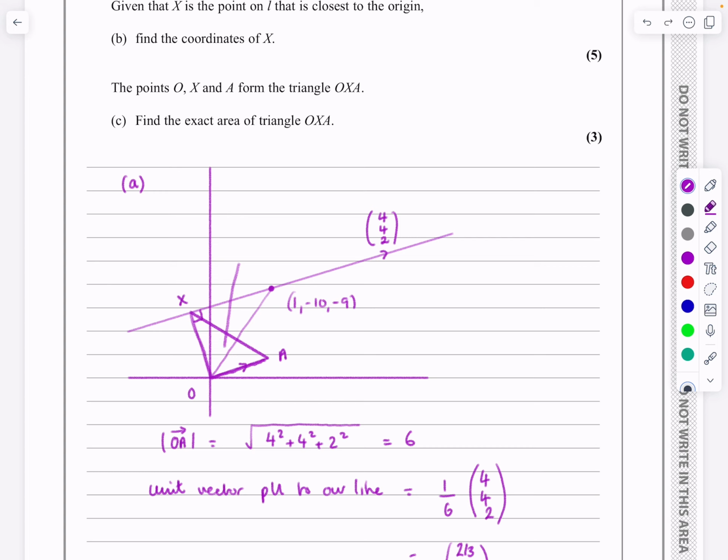This is why it's really important to draw this diagram out, guys, because this makes it really straightforward as far as I'm concerned. Remember, we already know that the length of OA is 1. OA is the unit vector. So if I want to work out the area of this triangle, I'm just going to do half base times height using those two values there. So really what I need to do is to work out the modulus of OX.